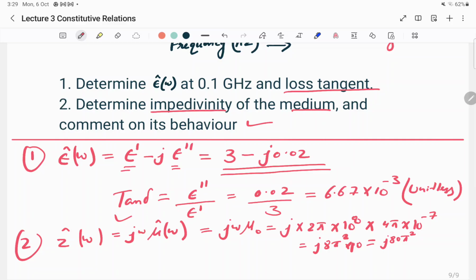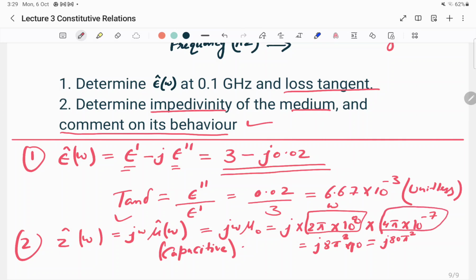Since it is plus j, and it has been asked to comment on the behavior, the behavior of the medium is capacitive. We have substituted 2 pi f for omega and 4 pi into 10 to the power minus 7 for mu naught. So it simply becomes j 80 pi squared. That's the value of impedivity of the medium.